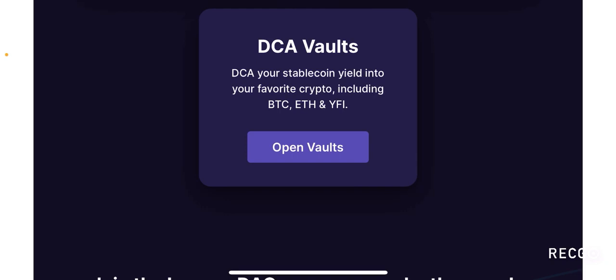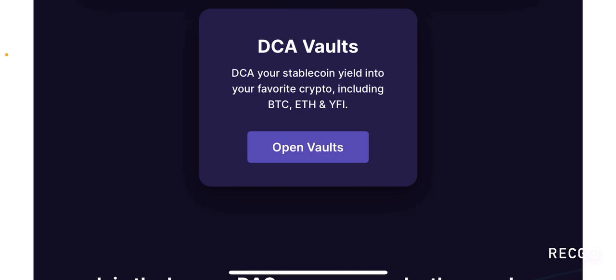So you don't have to necessarily focus on setting a buy order or a DCA order for a given period of time. As long as you earn stablecoin yield, you can choose to configure your yield to receive it in the form of Bitcoin, ETH, and YFI, in essence, where the protocol itself is purchasing these assets for you in a DCA manner, right?